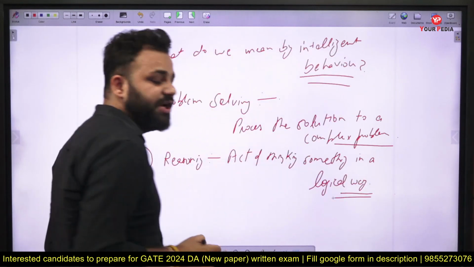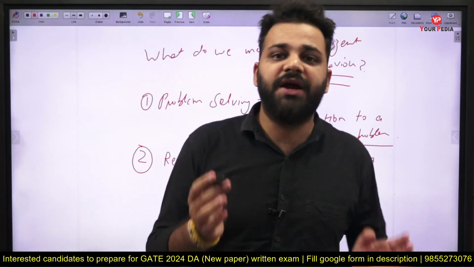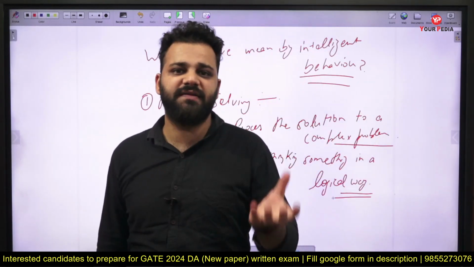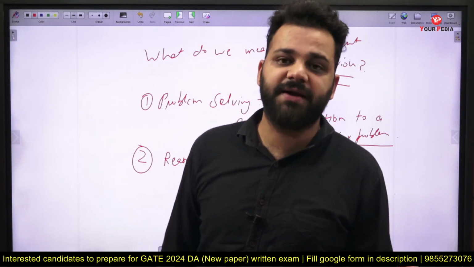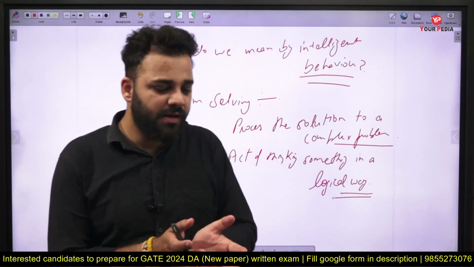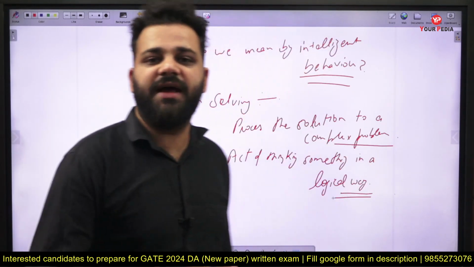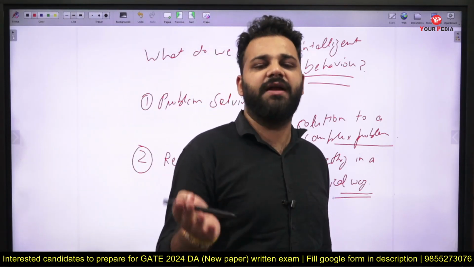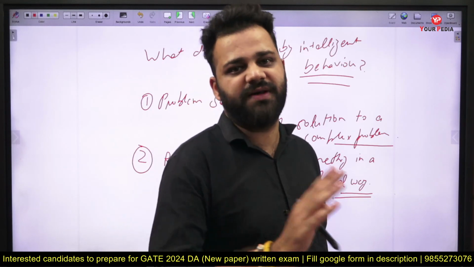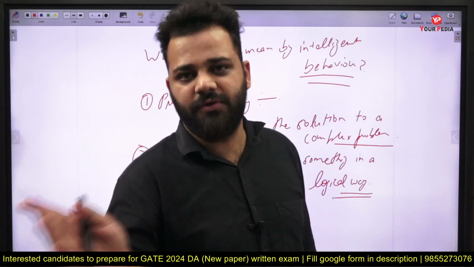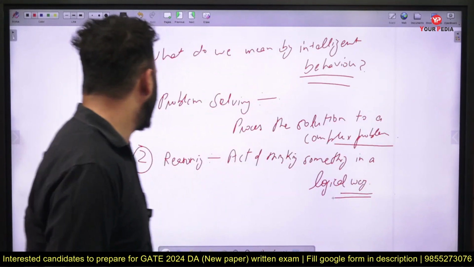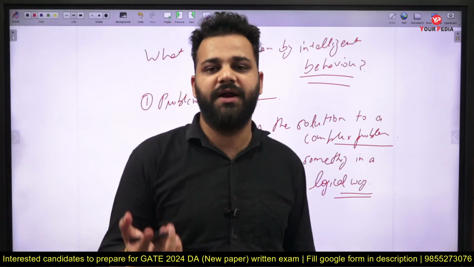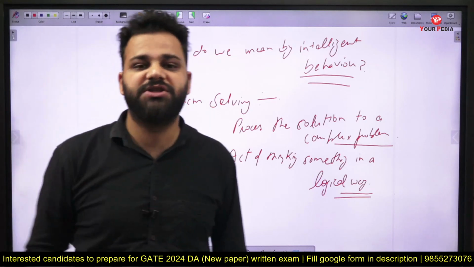So if the machine has been given a choice, it should be able to think in a logical way, and out of those choices it should be able to select the best choice that is necessary for the case. Just like a human being, you will measure the pros and cons of the system, and then by seeing the pros and cons you will make a choice whether you want to buy this or do that. So it should be able to do the reasoning. It should be able to think in a logical way.